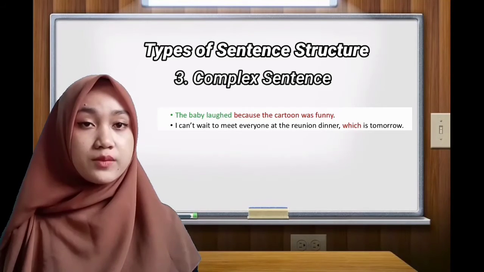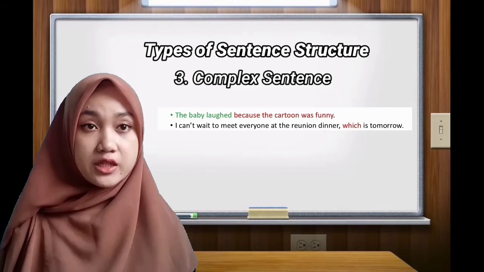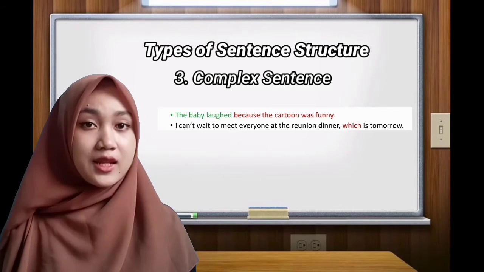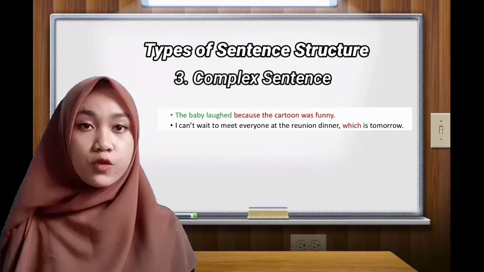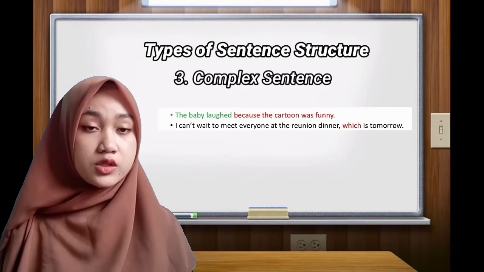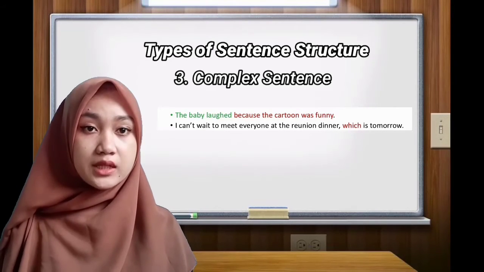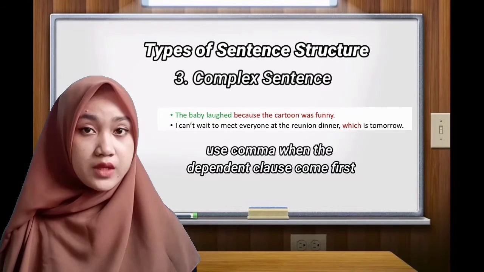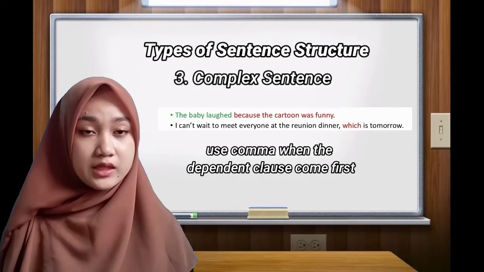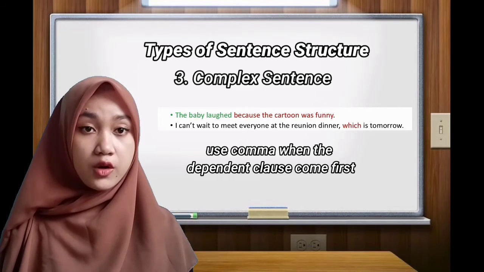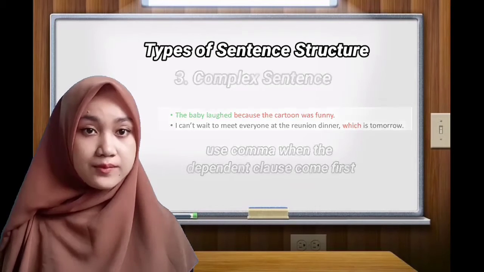I cannot wait to meet everyone at the reunion dinner, which is tomorrow. The last example shows you a relative clause with the relative pronoun which. It's important to know that we use a comma when the dependent clause comes first. But if the sentence begins with an independent clause followed by a dependent clause, we don't use a comma.